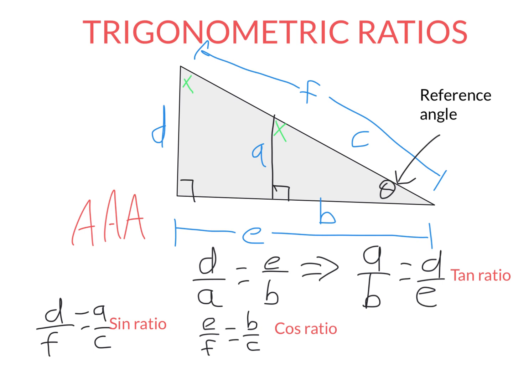That's the tangent ratio. I know what the ratio of these two sides will be. That's the sine ratio. I know what the ratio of these two sides will be. That is the cosine ratio. And we will end up using these ratios to find unknown sides in subsequent lessons. But let's now get a little more acquainted with each of these three ratios, the sine, cos, and tan ratio.